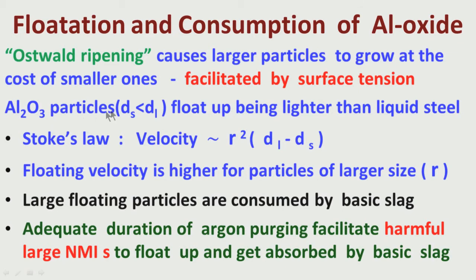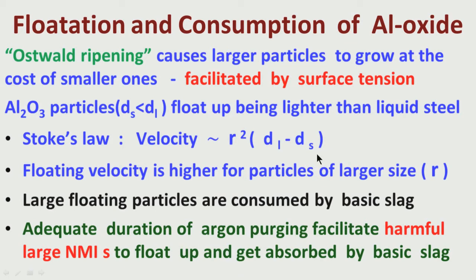Now, these alumina particles have a density less than the density of the liquid steel. That is why they will float up, because they are lighter than liquid steel. Now, we know of Stokes' law. It basically talks about the velocity of solid particles in liquid. The velocity of the particles depends on the square of the size of the particles, R being the size of the particles, and also on the density difference between the liquid and the solid.